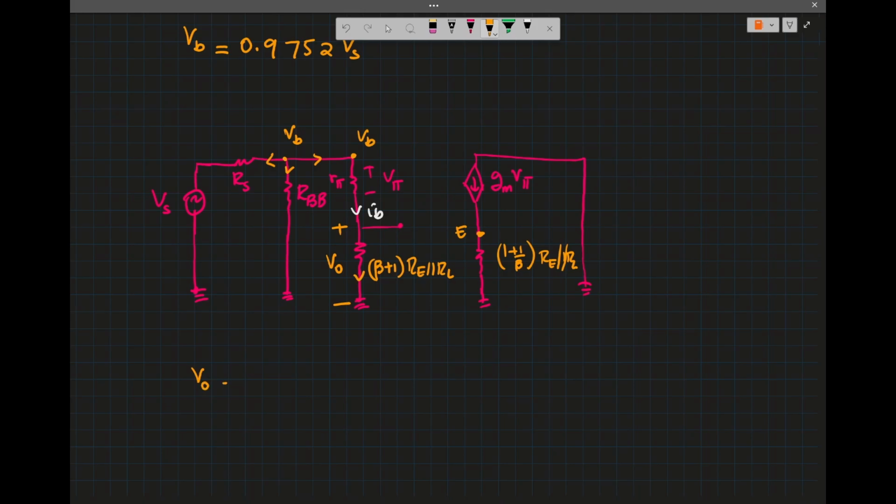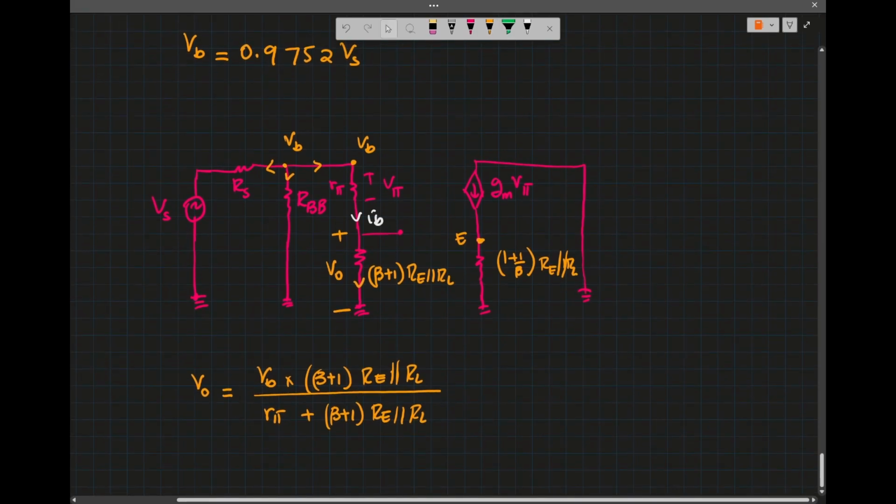So V0 will be equal to VB times beta plus 1 IE parallel R load divided by R pi plus beta plus 1 IE parallel R load.